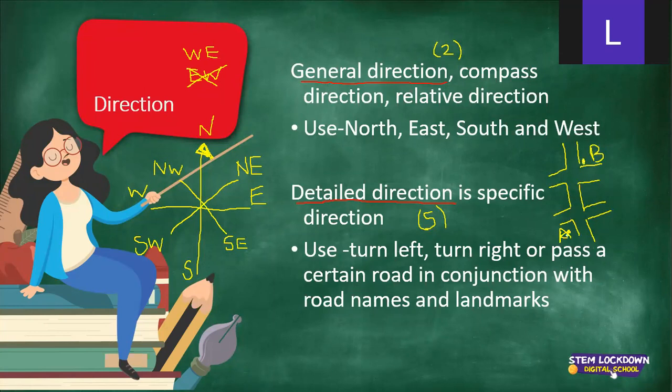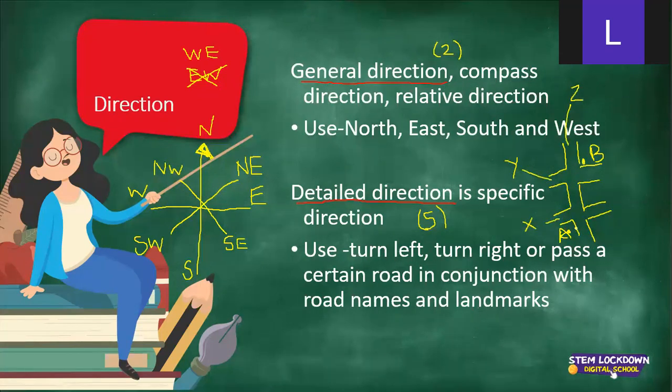So you're moving from point A to point B. Let's say this street is street X, and this street is street Y, and this street is street Z. These are just examples.